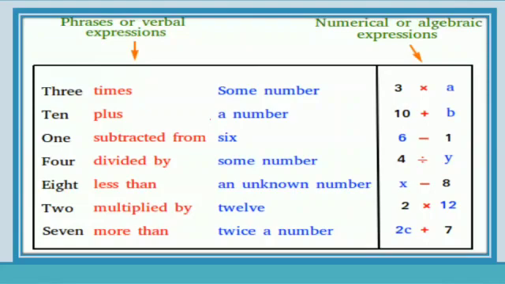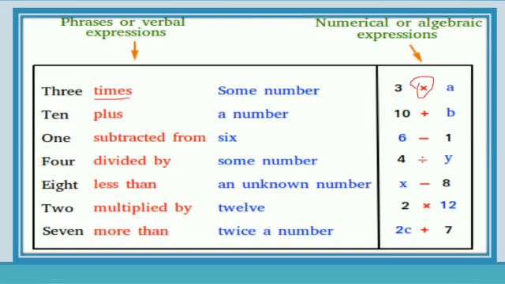Let's see how to form the equation for problem sums when you are given certain phrases or verbal expressions. Suppose it is said 3 times or 4 times or 5 times some number, that means you have to multiply. When the word times is given, you need to multiply.